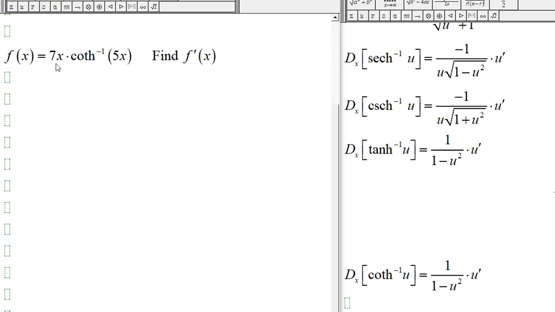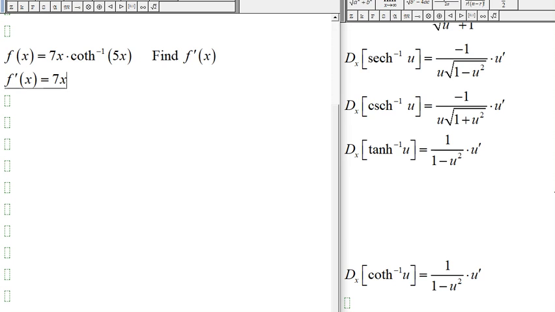Here we have the function 7x times the inverse hyperbolic cotangent of 5x, and we want to find the derivative. And so this is a product, so we have to use the product rule.